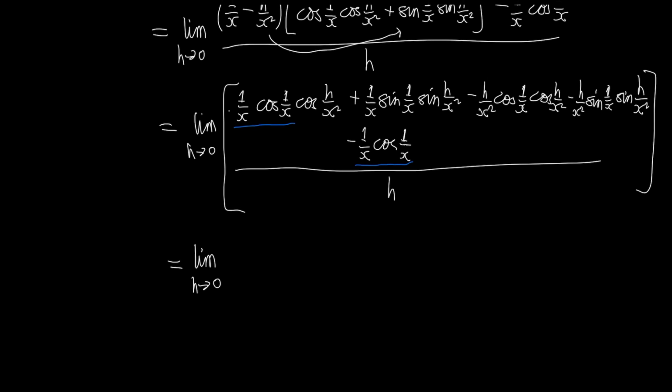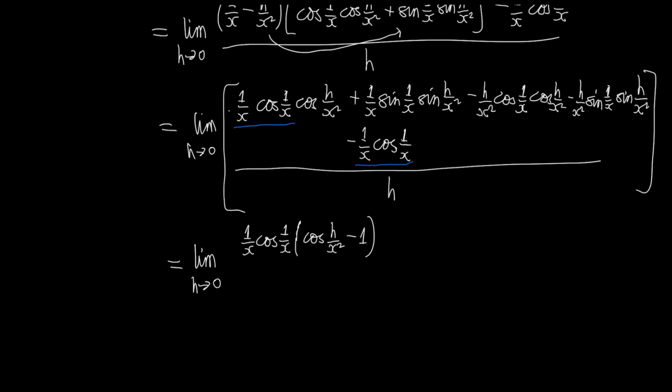This is another term that has 1 over x cos 1 over x. So if we write this out the front, basically factoring it, then in the brackets we're going to have cos h over x squared, and then obviously the coefficient of this is just 1. You can see that if you multiply this out, you'll get the original terms, so that's good.